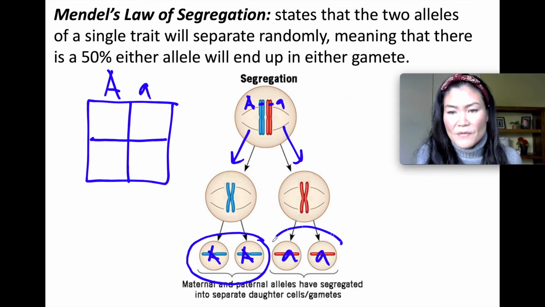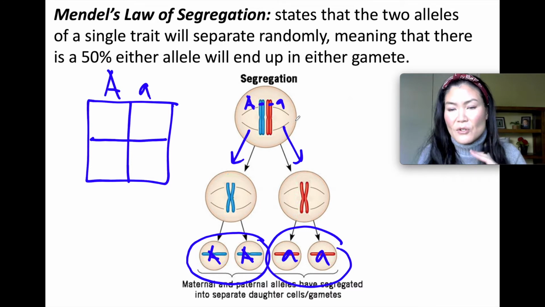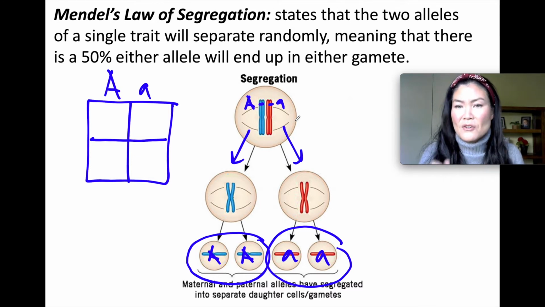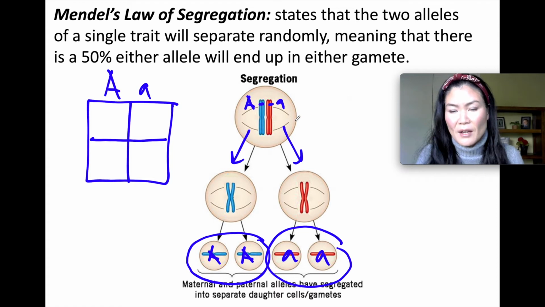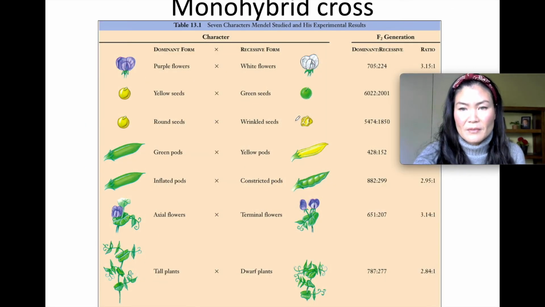So there's a 50-50 chance of giving either a big A or a little a, because the law of segregation states the 2 alleles that you inherit from your parents are going to segregate. They're going to separate. There's a 50-50 chance of you giving the allele you got from mom. There's a 50-50 chance that you're going to give away to your kids the allele that you got from your dad. Okay? So that's the law of segregation.